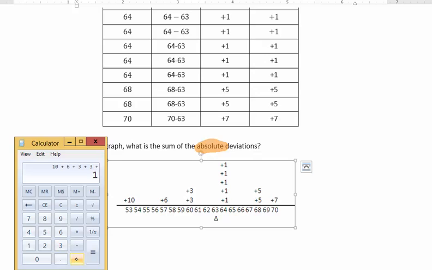Plus, there's two 5s, so 5 plus 5, plus 1 7 equals, so what does my sum equal? Well, my sum equals 44. So now I'm going to keep on going down.